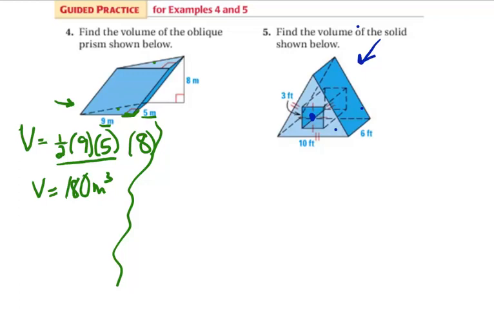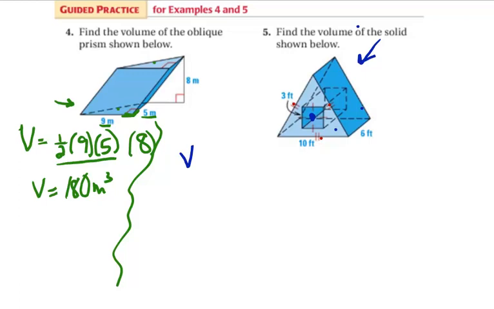So we're going to find the volume of the triangular prism, where I'm going to need the area of one base. So let's find the area of the base of one of those triangles. To do that, I have equal sides. The tick marks here tell you that all the sides of the triangle are going to be 10 feet. So since we have that equilateral triangle where all sides are 10, we can use the equilateral triangle formula.